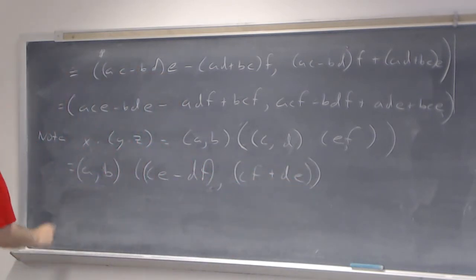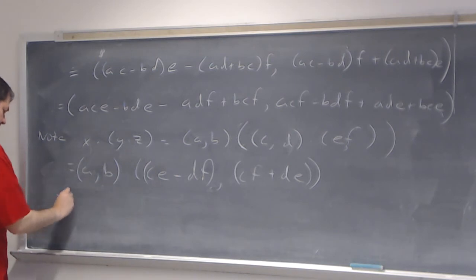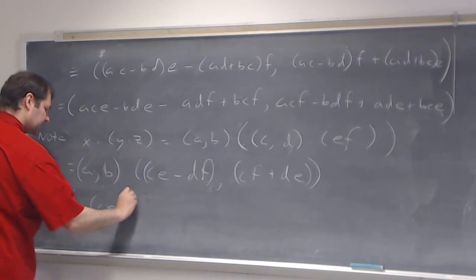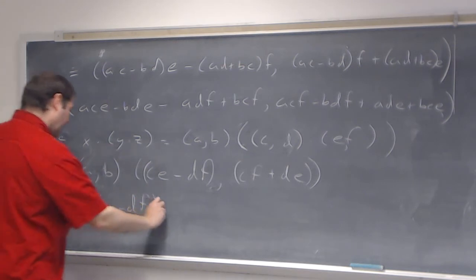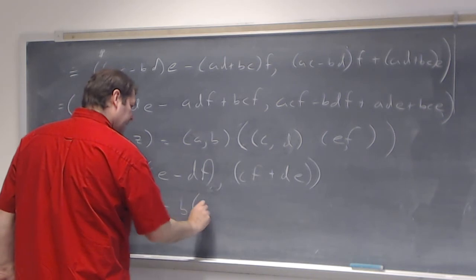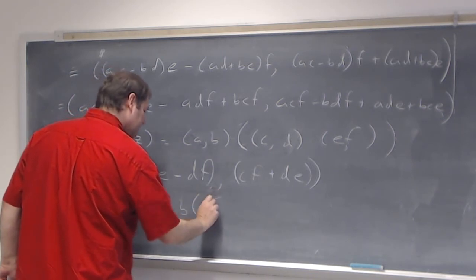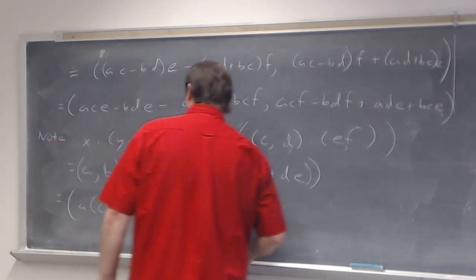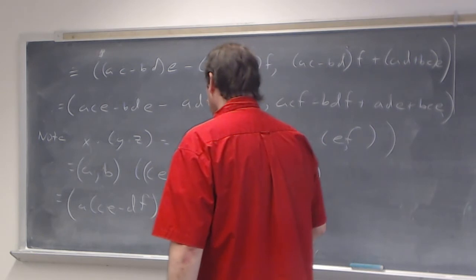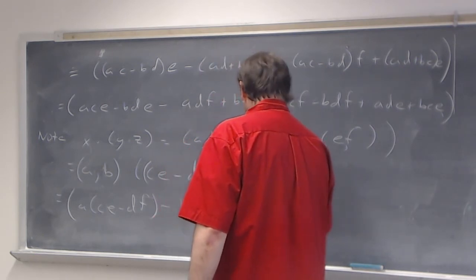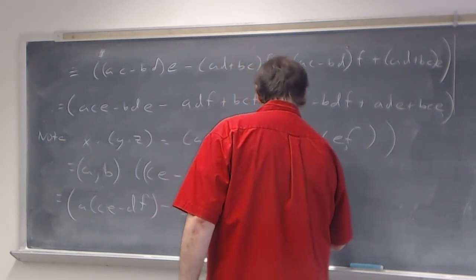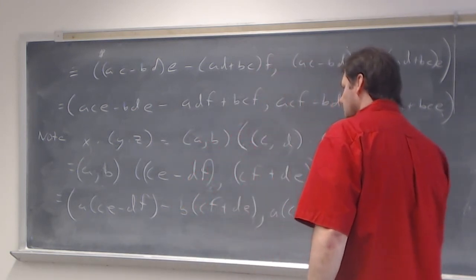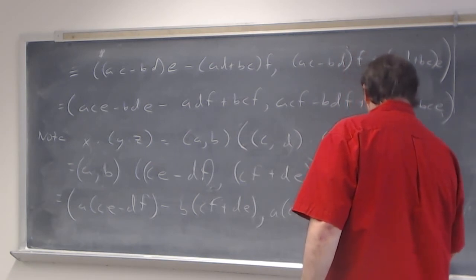And so when we do this multiplication, it's going to be a times (ce minus df) minus b times (cf plus de), comma, and then it's going to be a times (cf plus de) plus b times (ce minus df).